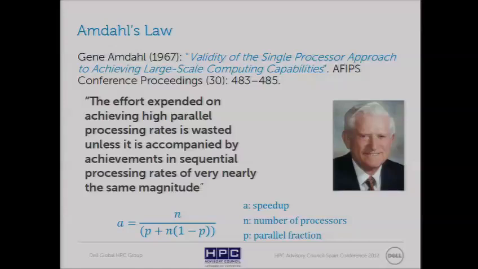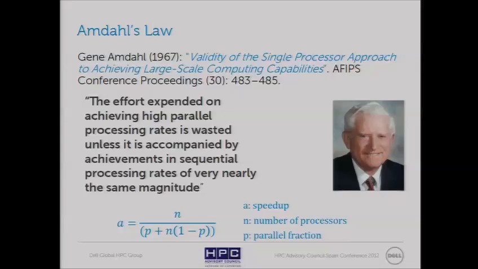And what he said was that the effort that you spend on parallelizing your application becomes ultimately dependent on the serial fraction inside that application. So no matter what you do in parallelizing things, if you have a big serial fraction inside that application that's not parallel, then that will inhibit you from using more cores efficiently.